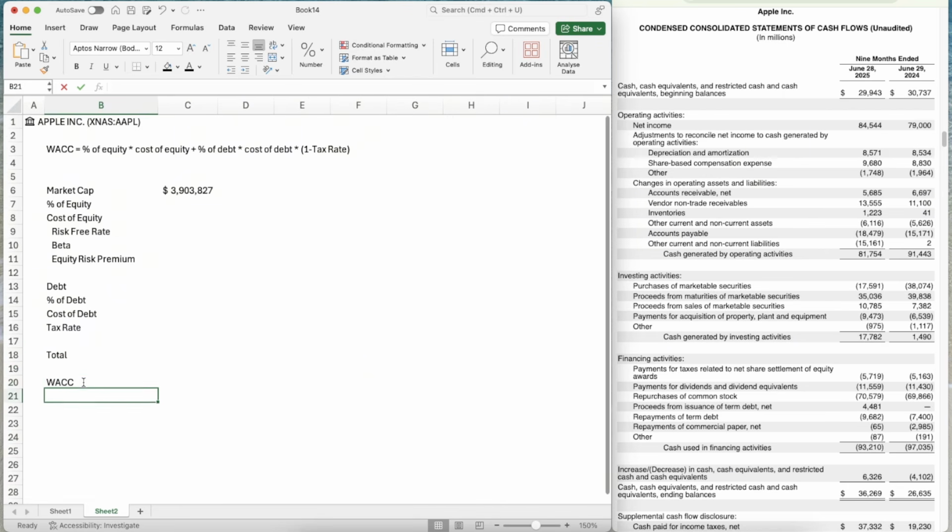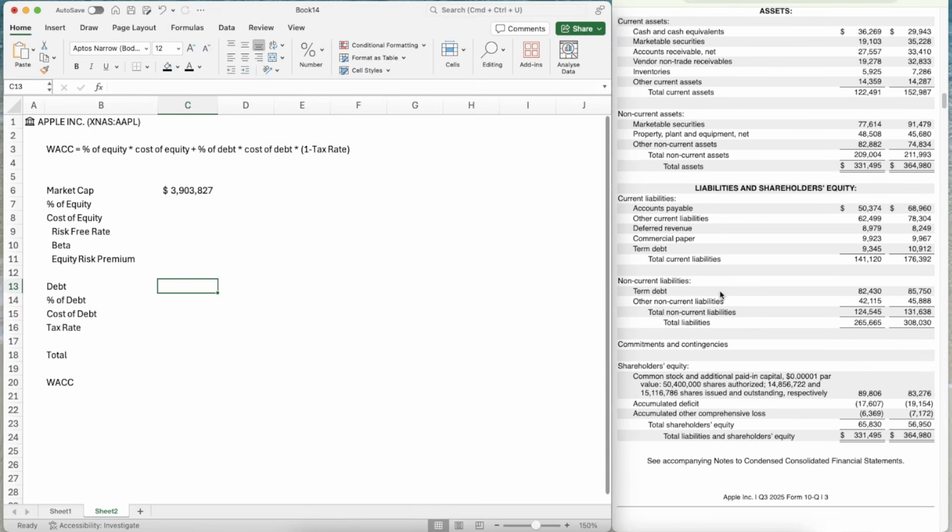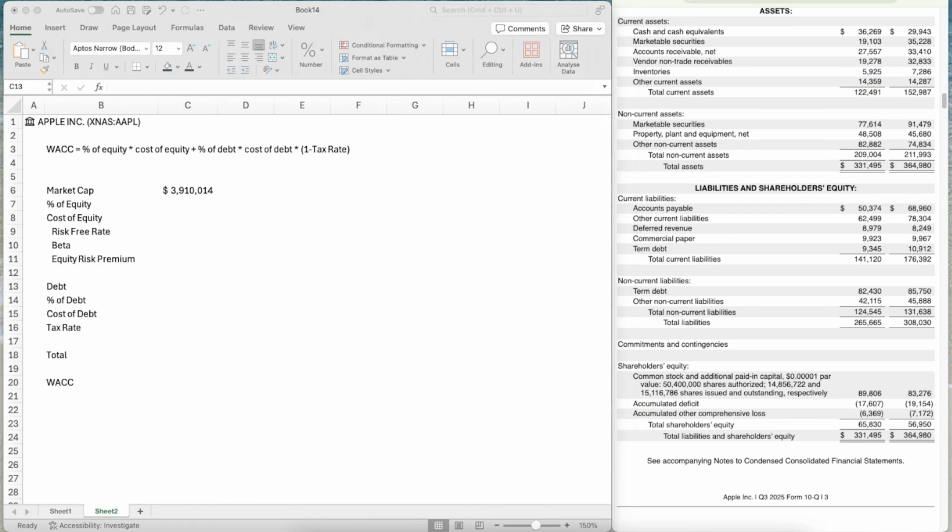Then we have WACC. Now, we know the debt because we can go onto the balance sheet and find it there. For debt, we want this one, 82,430 plus 9,345.